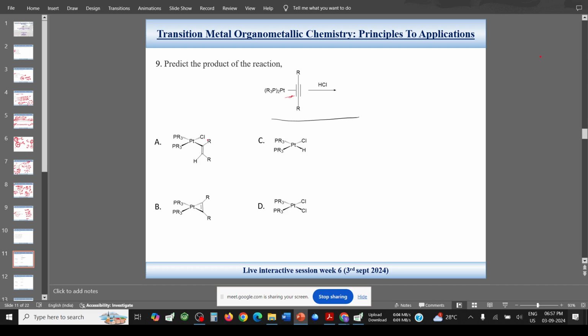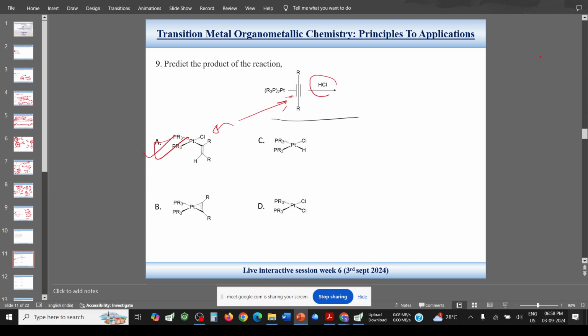Here you can see this is a pi bond in the reactant, which is converting to a sigma bond in option A. Obviously option A is the correct answer.